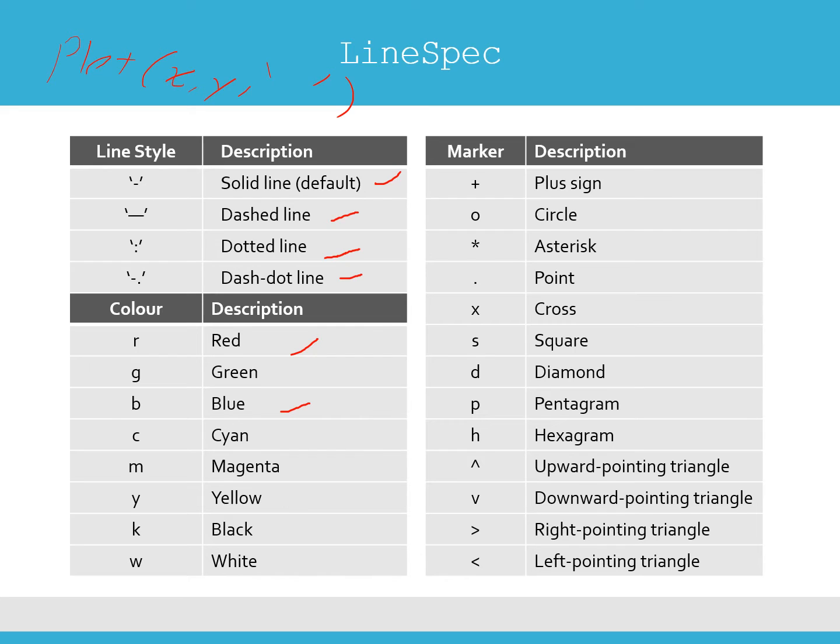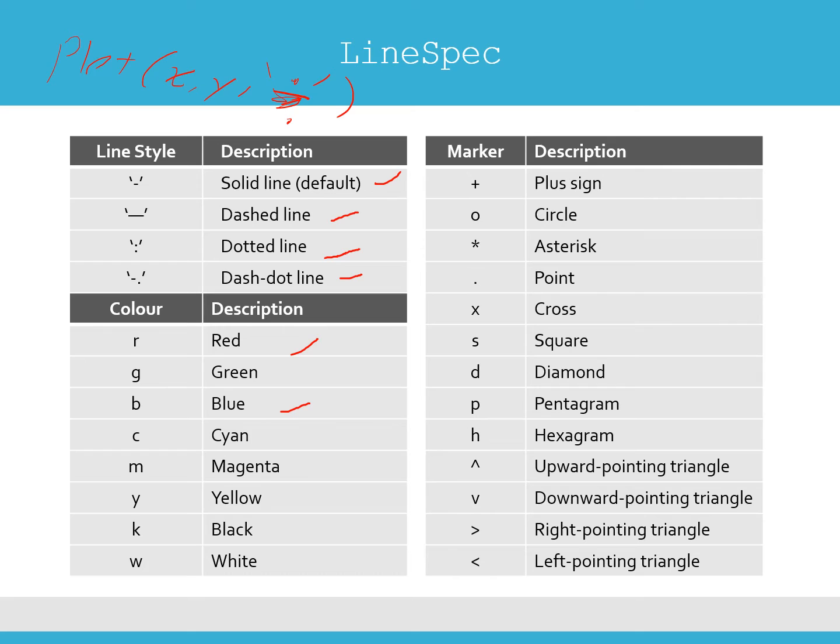For example, if you want a dash line, you put dash, and if you want a dot dot line, you replace this with dot dot. You also can change the color.